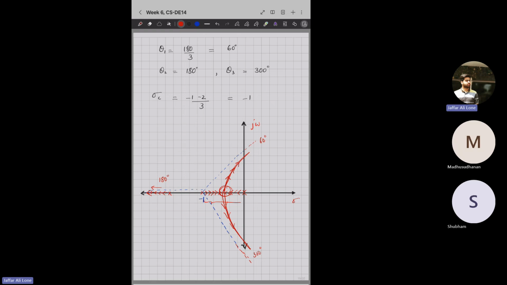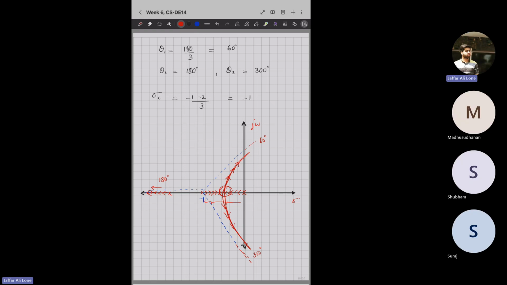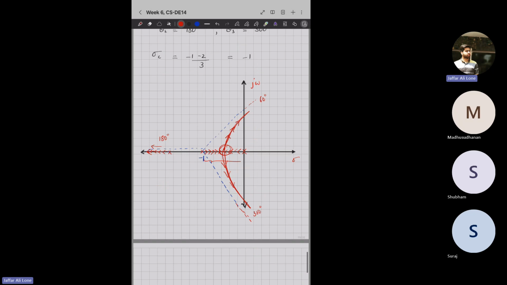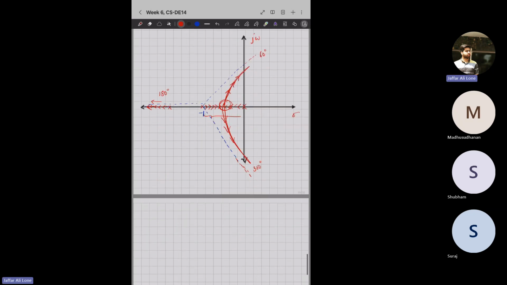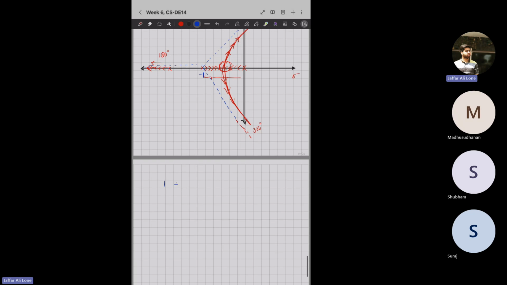But now, how do we find this break point? This break point here, where the root locus breaks away. Now see, pay attention. We were given the characteristic equation 1 plus k into s into s plus 1 into s plus 2 equal to 0. What we do, we write this characteristic equation in terms of k.